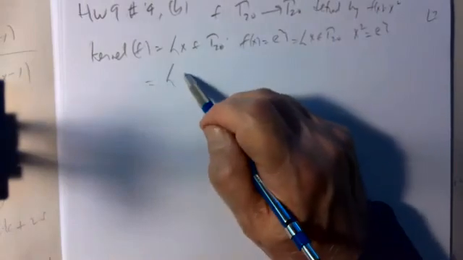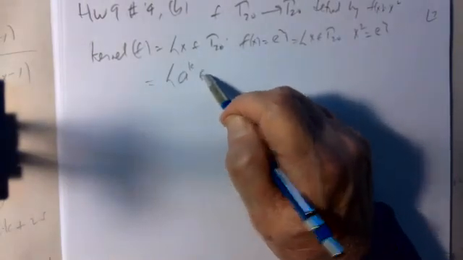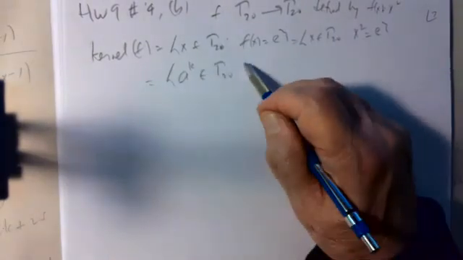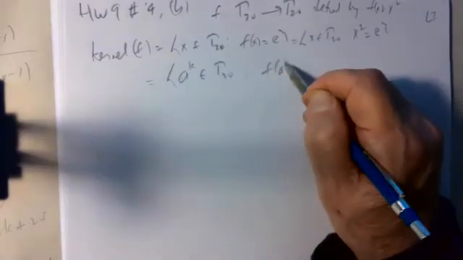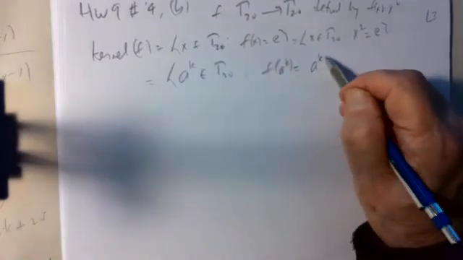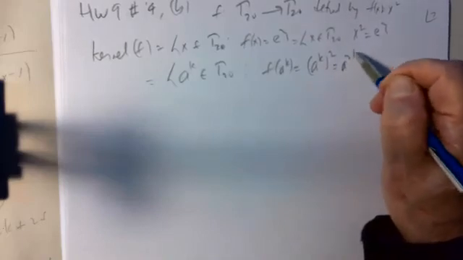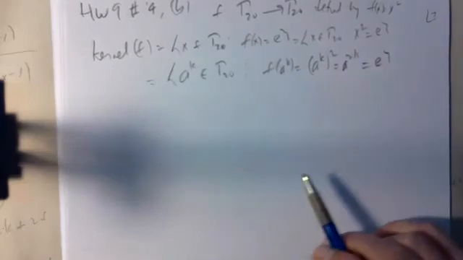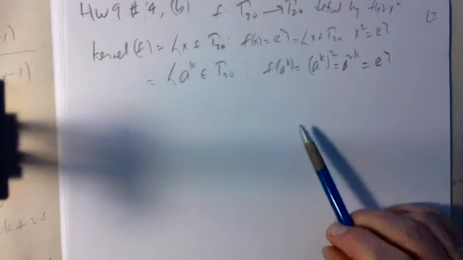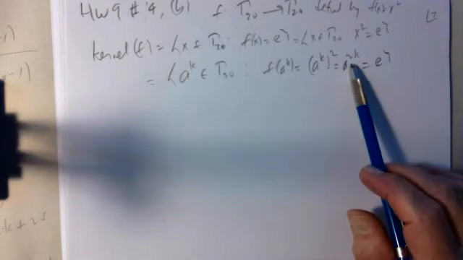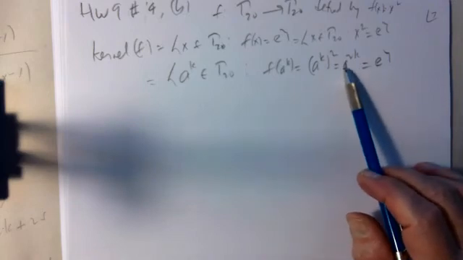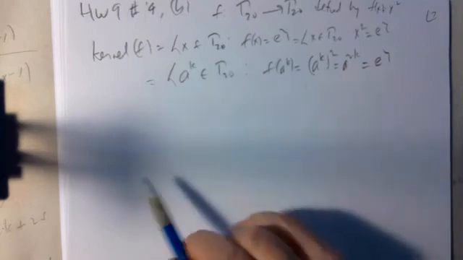Now everything in the cyclic group is a power of a. So I can say this is all a to the k in gamma 20 such that f of a to the k, which is a to the k squared or a to the 2k, is the identity. And the order of a is 20.